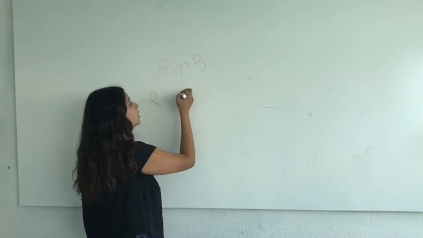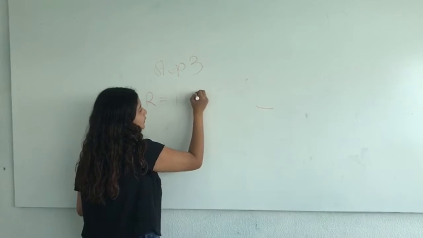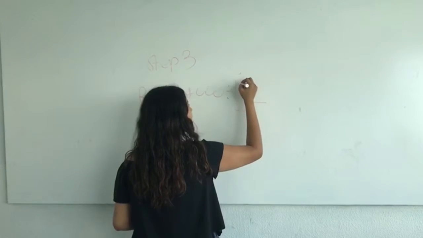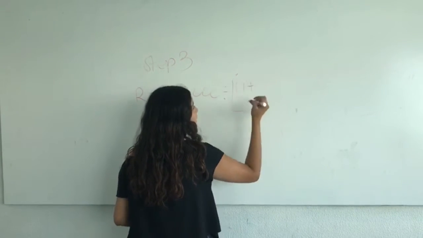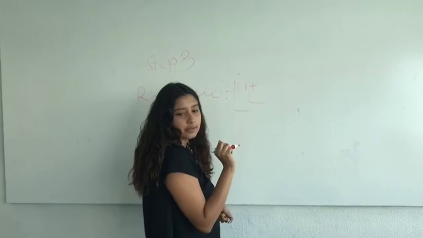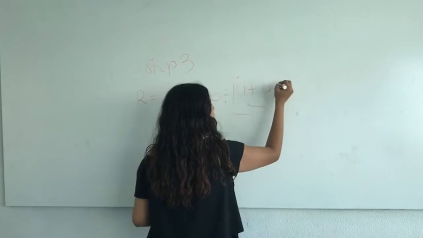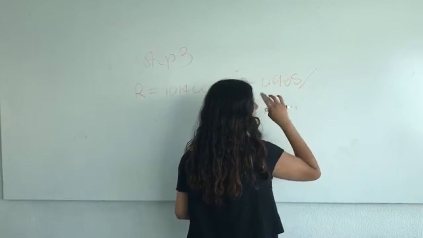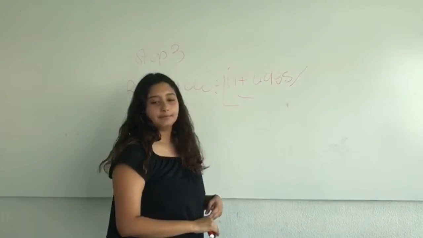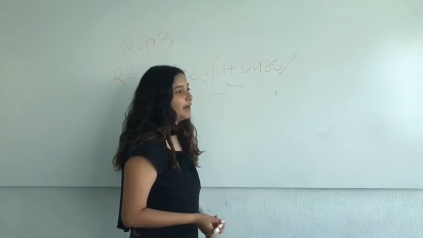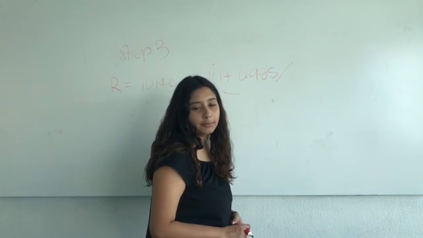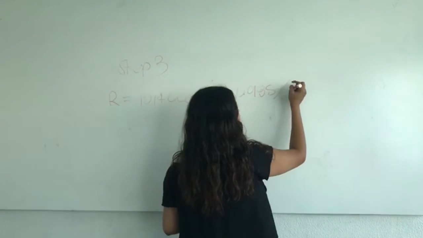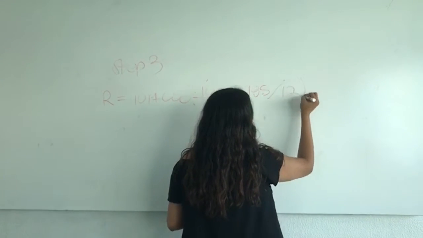We'll start with the amount, which was 1,014,000, divided by parentheses 1 plus the rate of interest, which in this case is 0.985, divided by what our payment is compounded by, which would be regular payments every month, so that will be monthly, which gives you 12.